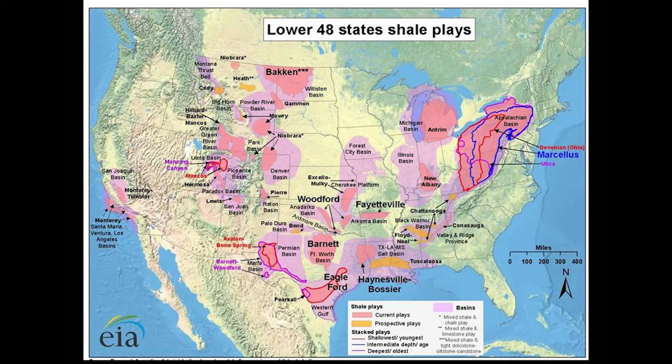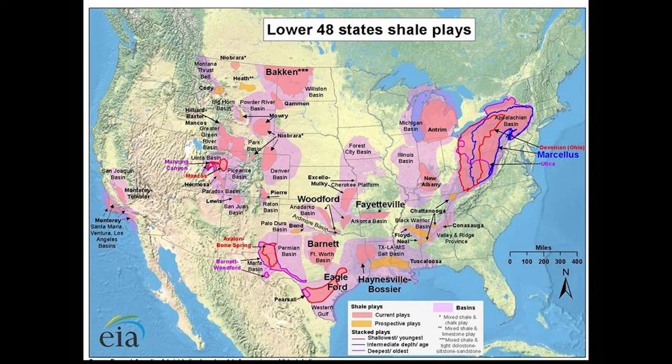What we found was that even though there are shale plays in a number of places in the United States, within each play there are only small sweet spots where production can occur profitably.